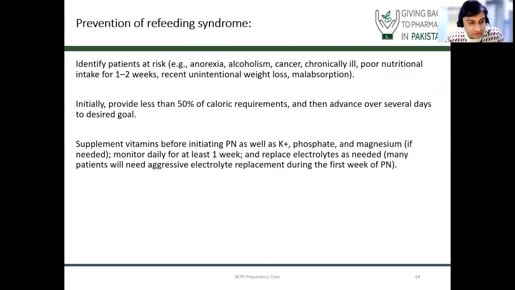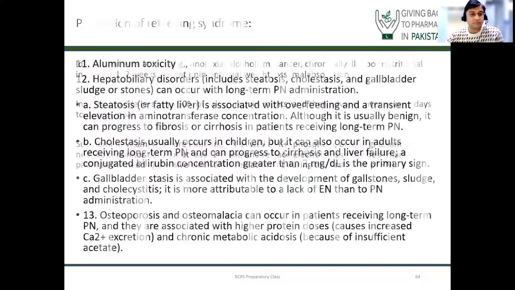Similarly, start the patients on vitamin supplementation and potassium, phosphate, and magnesium supplementation, because the hallmark of refeeding is hypophosphatemia, hypomagnesemia, and hypokalemia, and that can be very dangerous. It can result in cardiac dysfunction or cardiac arrest in some cases.